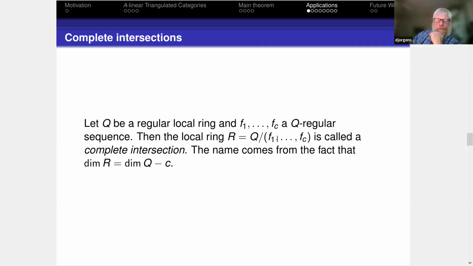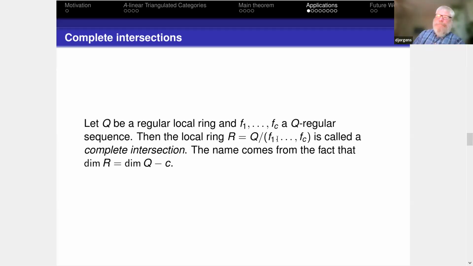That just means that the first element in the sequence, f1, is a non-zero divisor on Q, and then the next element, f2, would be a non-zero divisor on Q mod f1, and continue. So fc would be a non-zero divisor mod the previous f's.